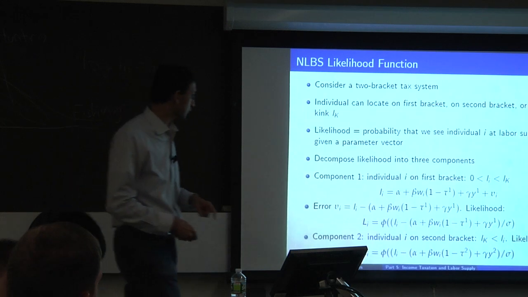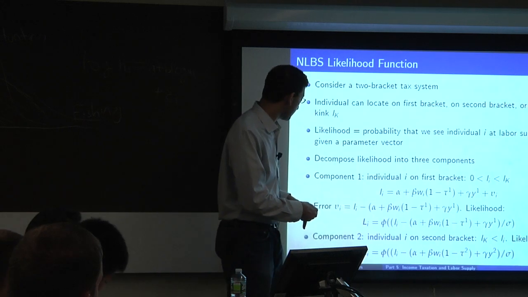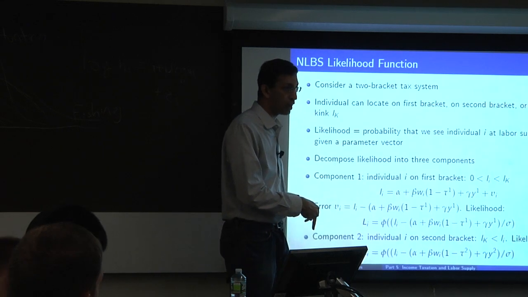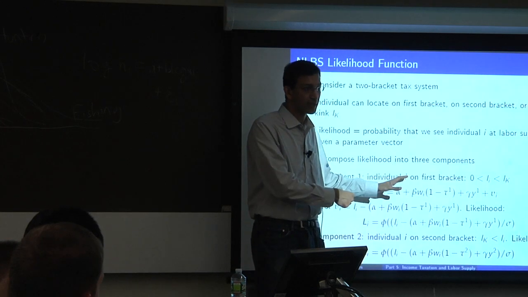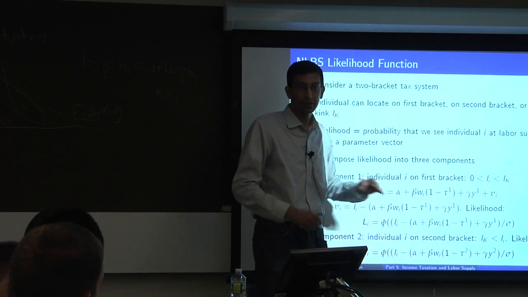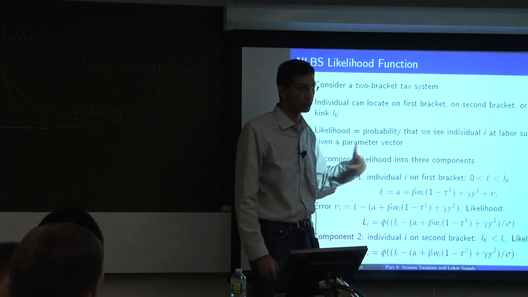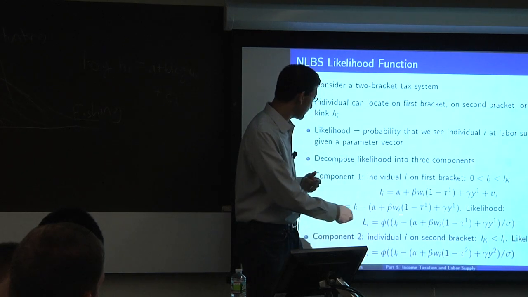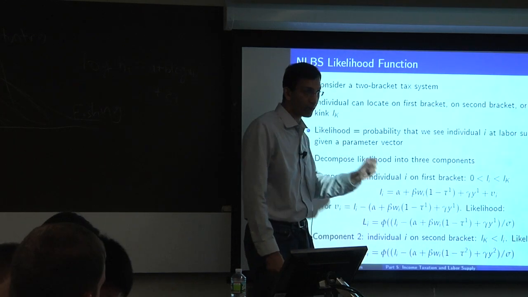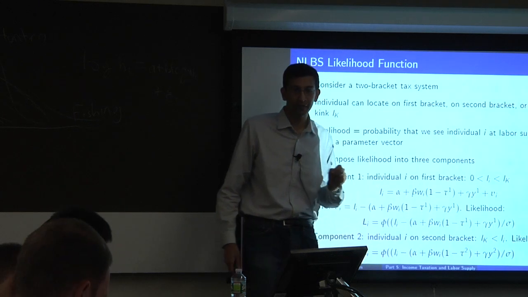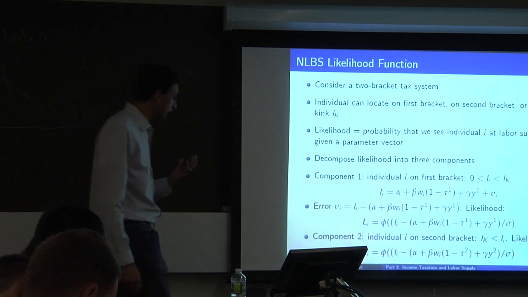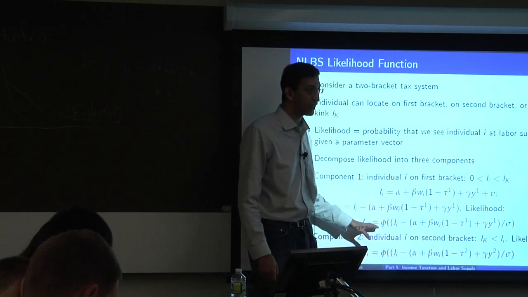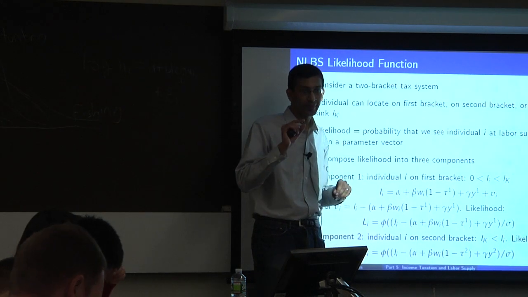So for each person, I can compute what the value of nu i is. Remember, always assume that I've picked a value of alpha, beta, and gamma, a given parameter vector, and then we're going to loop over that. So I can construct what nu i is for every observation in my data, given an alpha, beta, and gamma. Then I can calculate the likelihood of observing that error.